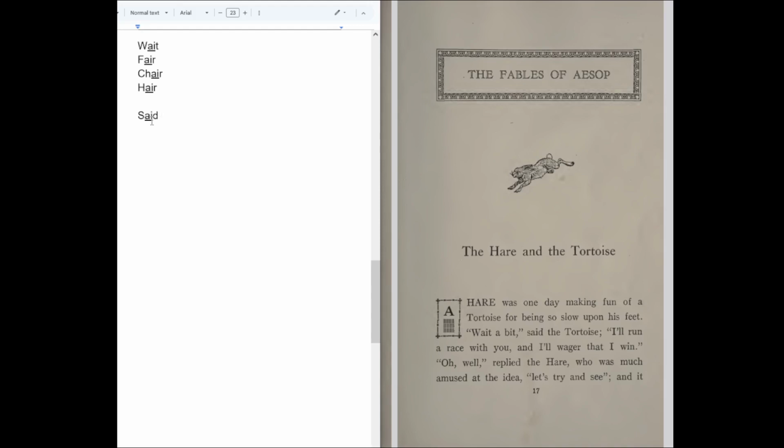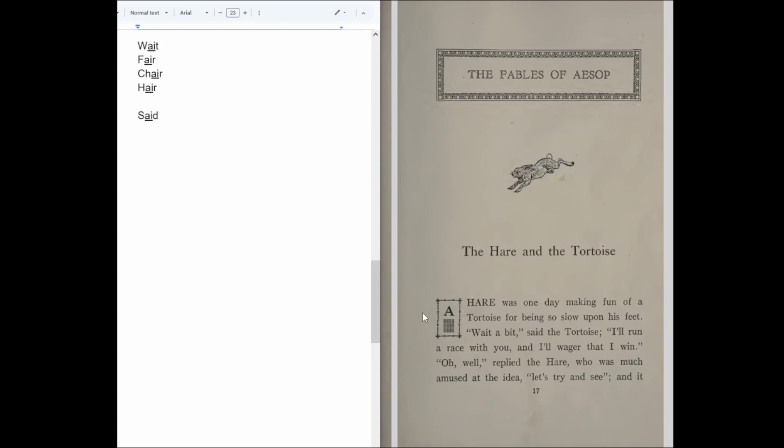What we have is AI has an exception here, and since this is such an important word, said, and you're going to see it a lot, when you're doing your reading, you have to memorize that word. Just be sure you know that's said and not sayd, and you'll be in good shape. So most of these AI words, though, when you see it, you're going to say A: wait, fair, chair, hair, okay?